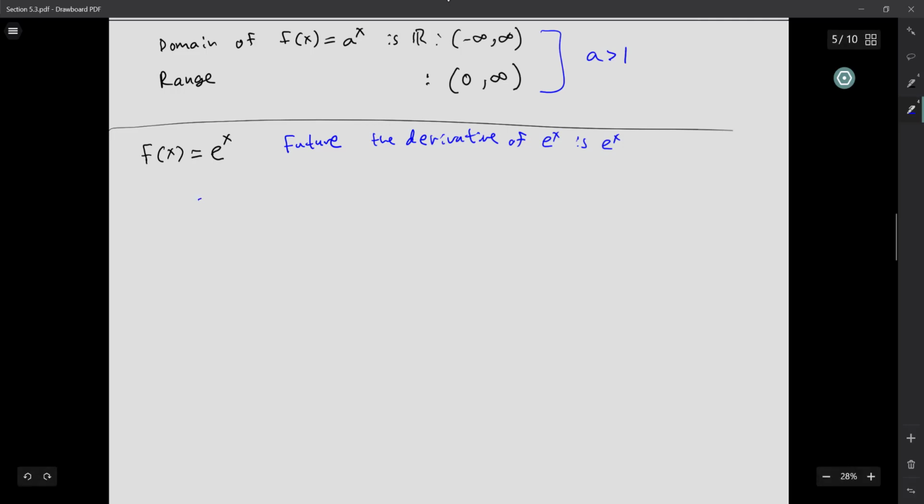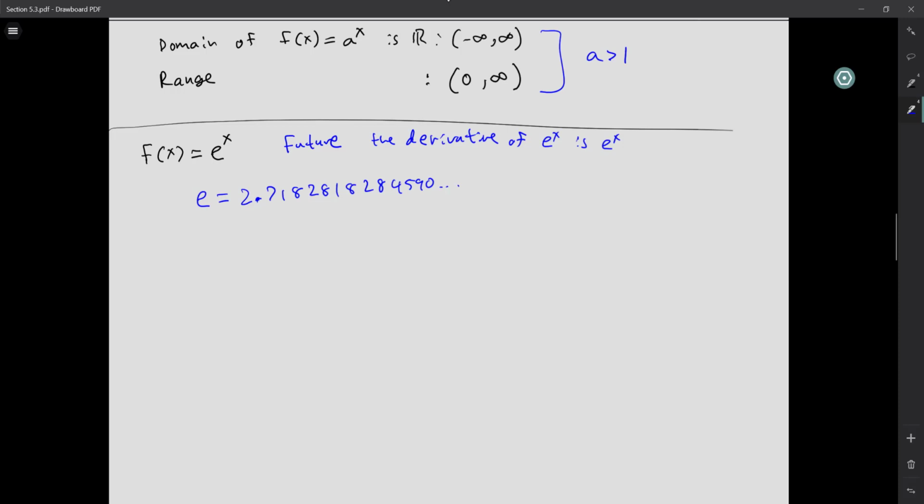So e is equal to 2.71828182845, and some other numbers after that, forever. It's an irrational number, transcendental number, whatever. It's kind of like pi, actually, except it doesn't go with any shapes or anything.